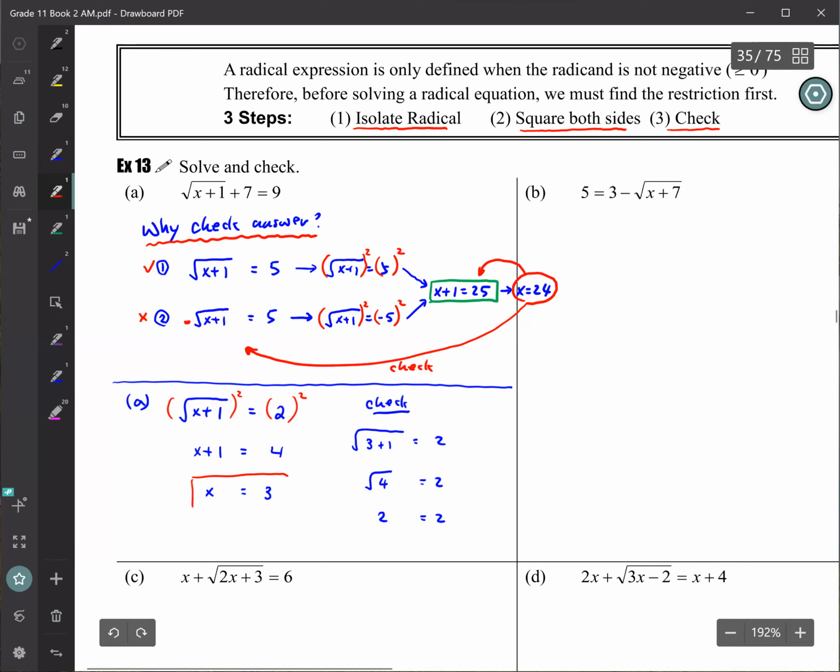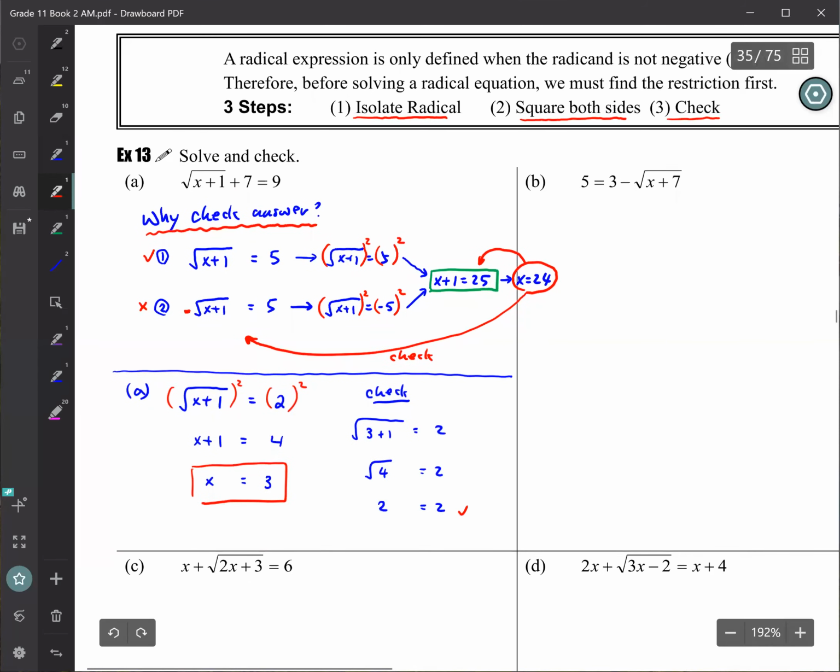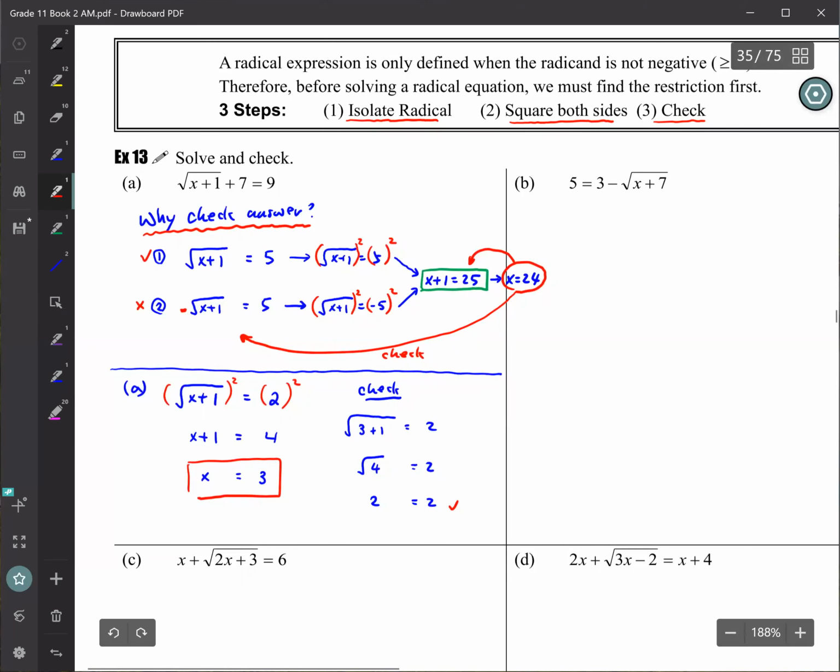Once it checks, you box your answer. Okay, so once you got this one down, can you raise your hand? And then we are going to do question C together, okay?